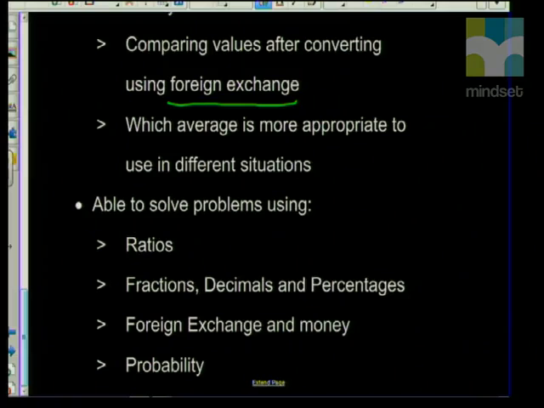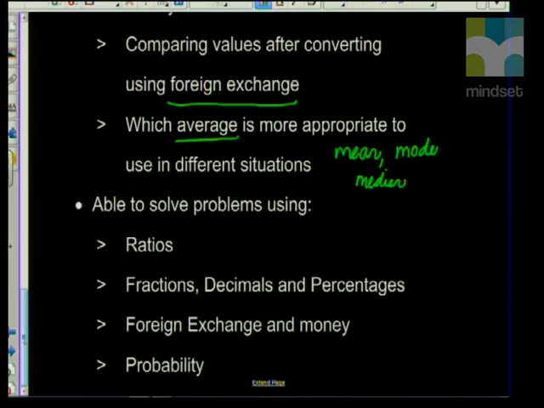Another thing you need to be able to do is work with averages. This would be your mean, mode, and median. You would then have to decide which is the best option for the different scenarios and also be able to comment on these.